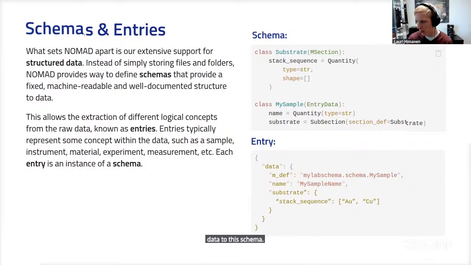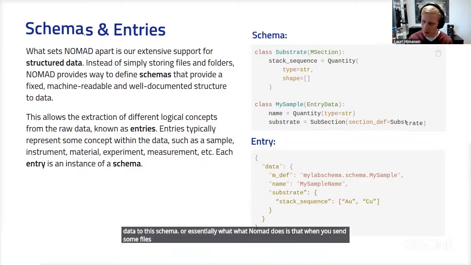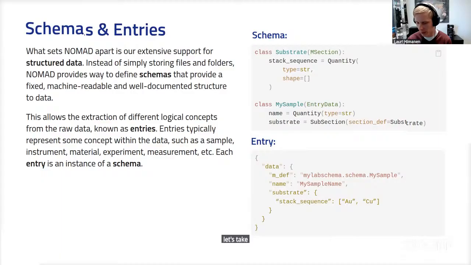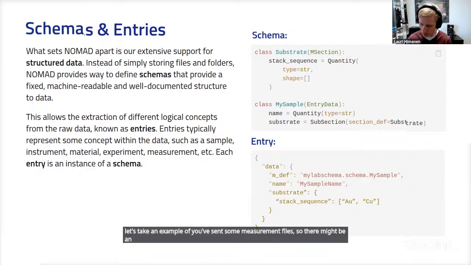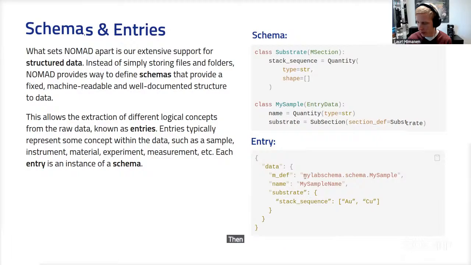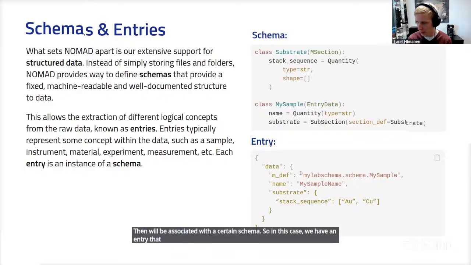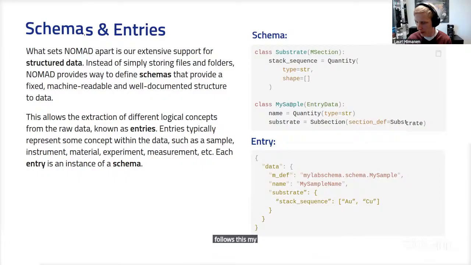Essentially, what NOMAD does is that when you send some files into the system, we can extract entries out of them. Let's take an example where you've sent some measurement files. There might be a NOMAD parser that recognizes this as a measurement and starts creating entries out of this data. And each entry will then be associated with a certain schema. In this case, we have an entry that follows this my sample schema as shown here.